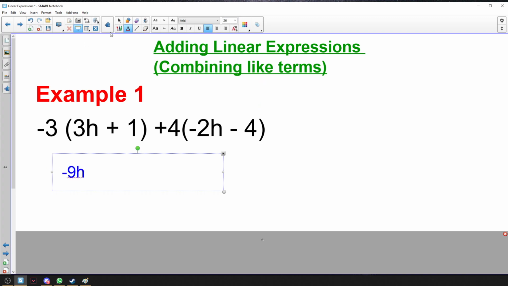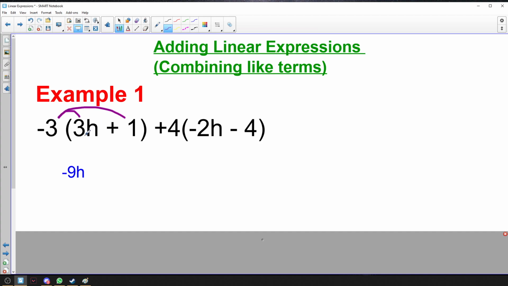After I've multiplied these two, I need to then multiply this minus 3 with the 1. So minus 3 times 1 will just give me minus 3.